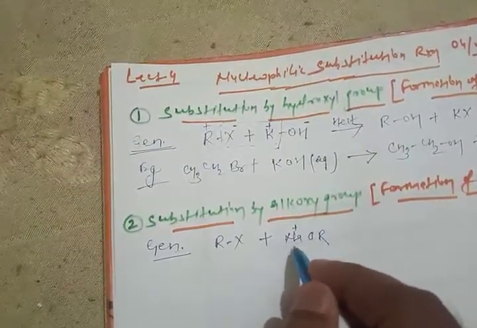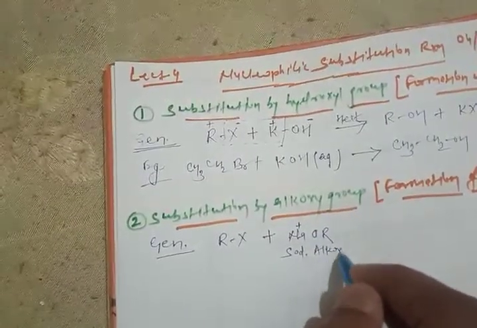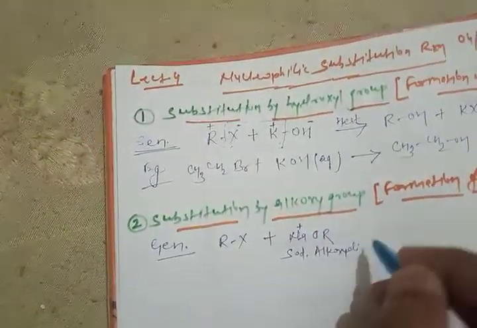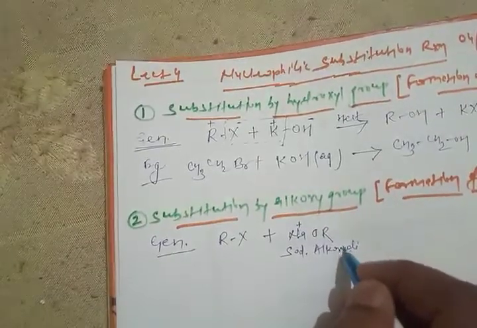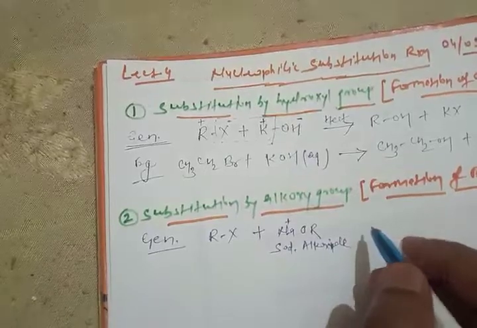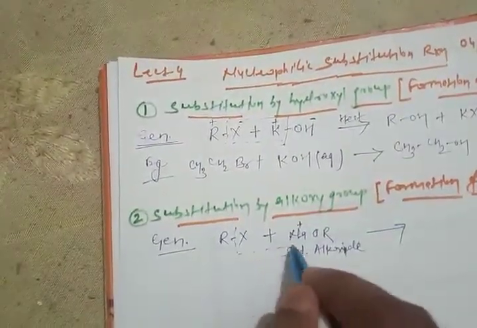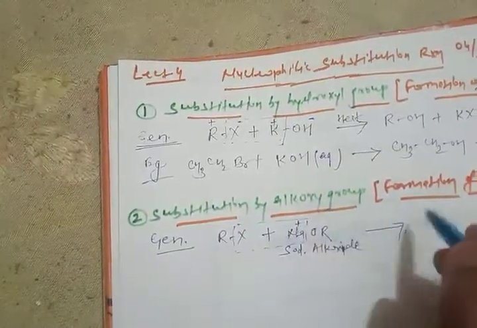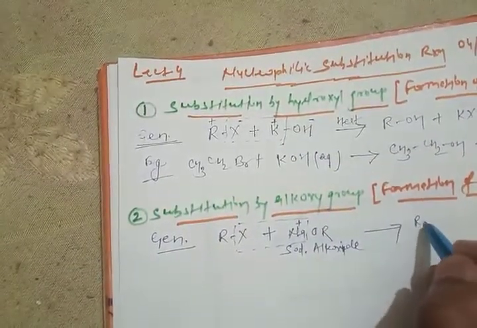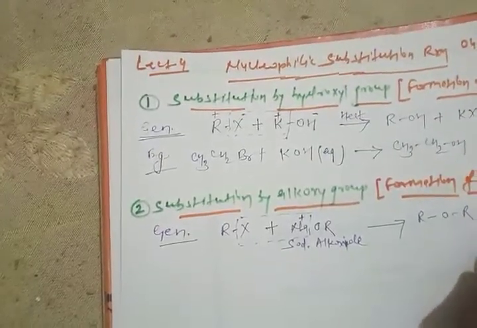Okay, so this is sodium alkoxide. This alkoxide will give you, again a very simple reaction, ROR. So this is what? Ether, and NaX.